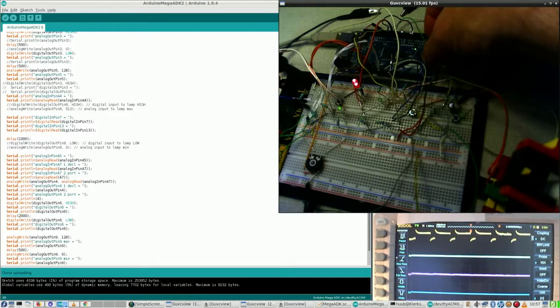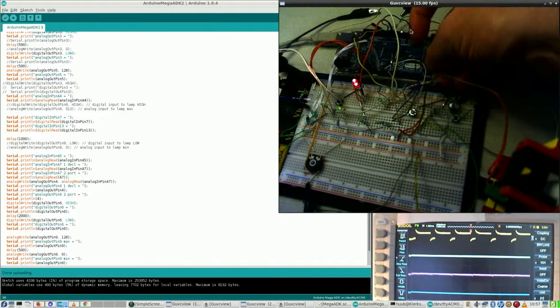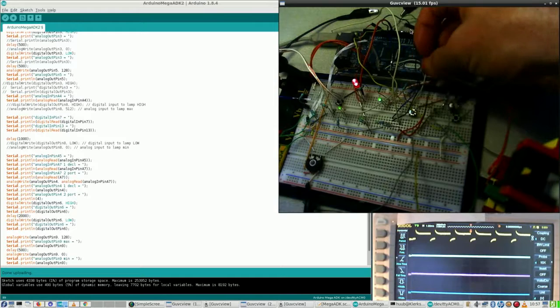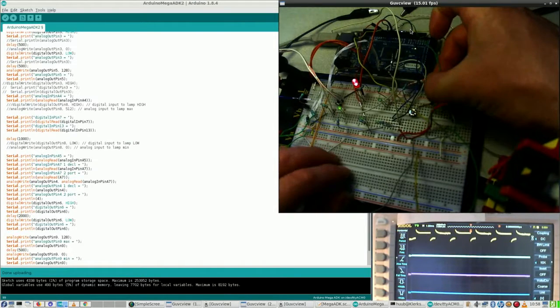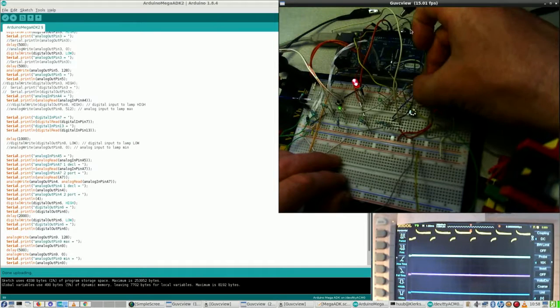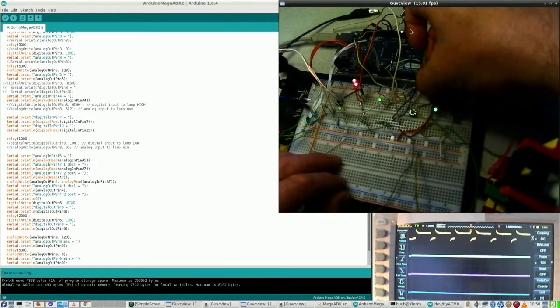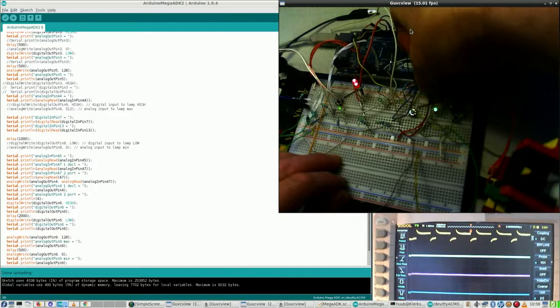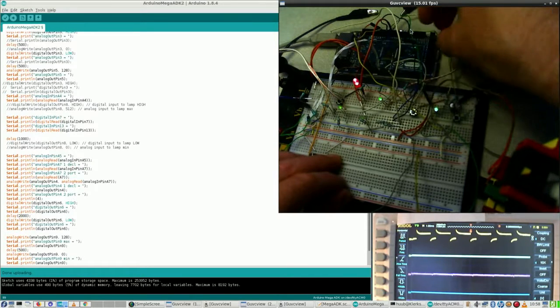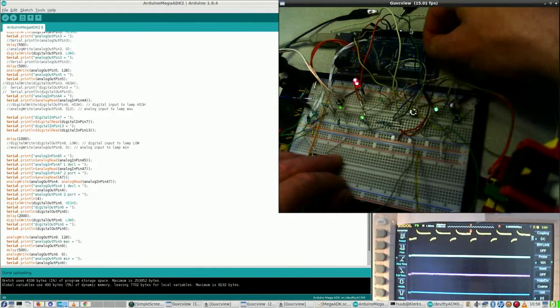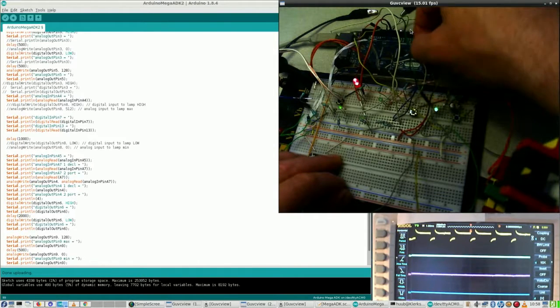And as well as connect it to the pin right here. And then this one has gone, but this is a 5.